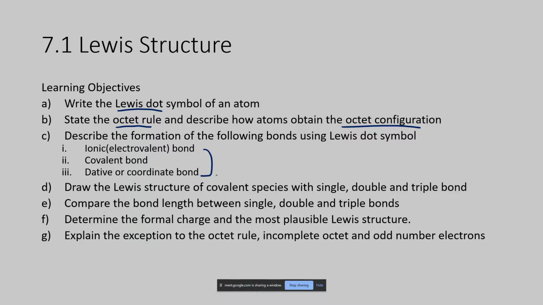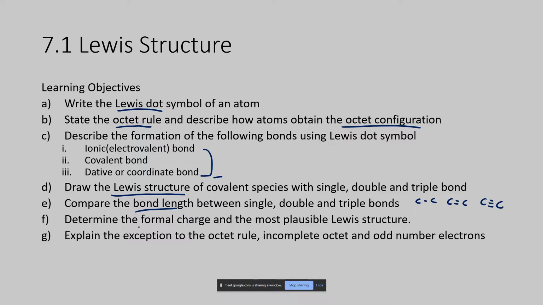Dative bond is an extra that we will learn later, and then we will draw the Lewis structure. This is the one that has a bit of calculation, and then comparing bond length. The question usually asks between a single bond, for example, and then a double bond, and triple bond. That is the type of question that will be asked.